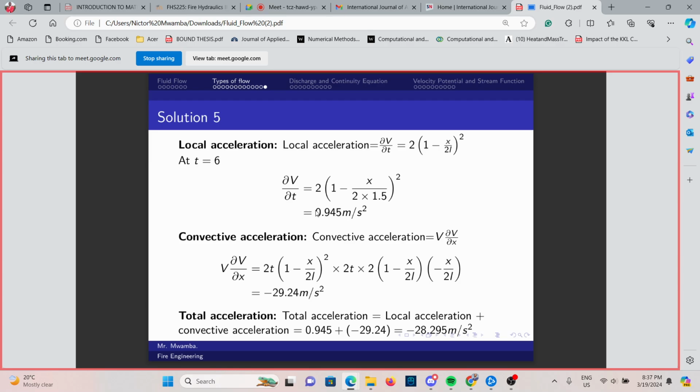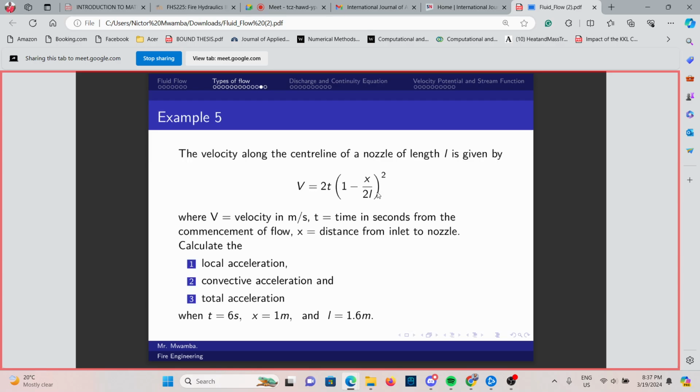So this is the local acceleration, the acceleration as the velocity changes with time. For the convective acceleration, the formula is given by this: v times the rate of change of velocity with respect to x, where v is the given velocity, 2t(1 - x/2L)^2, times the derivative of the given equation with respect to x.